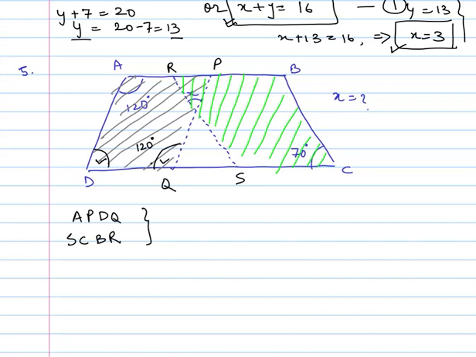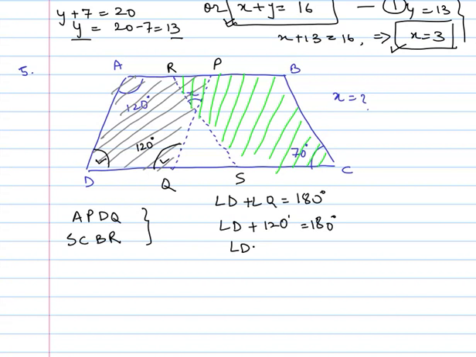So if one angle is 120 degrees, angle D plus angle Q will be equal to 180 degrees. Now angle Q is 120 degrees, so 120 plus angle D is equal to 180 degrees.